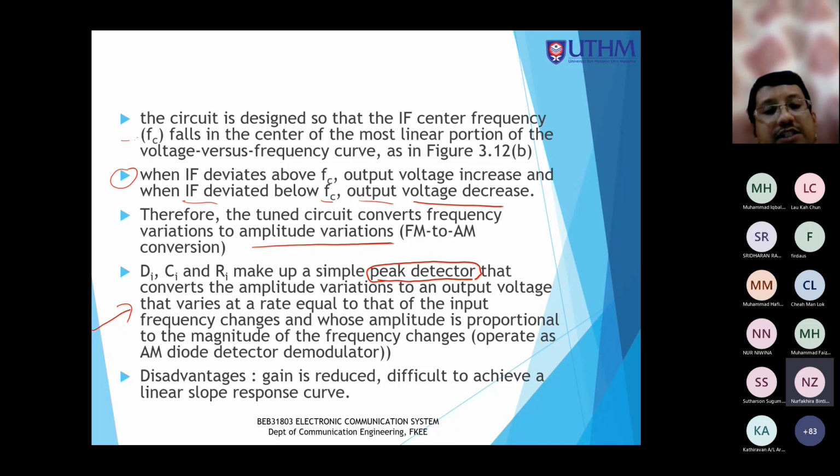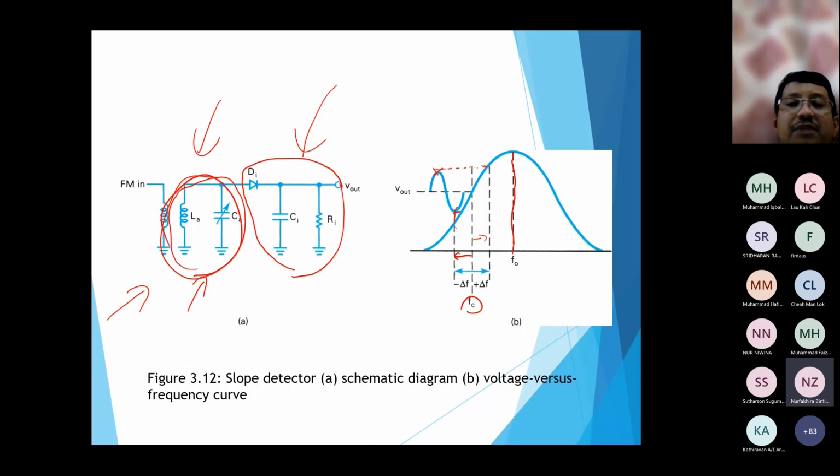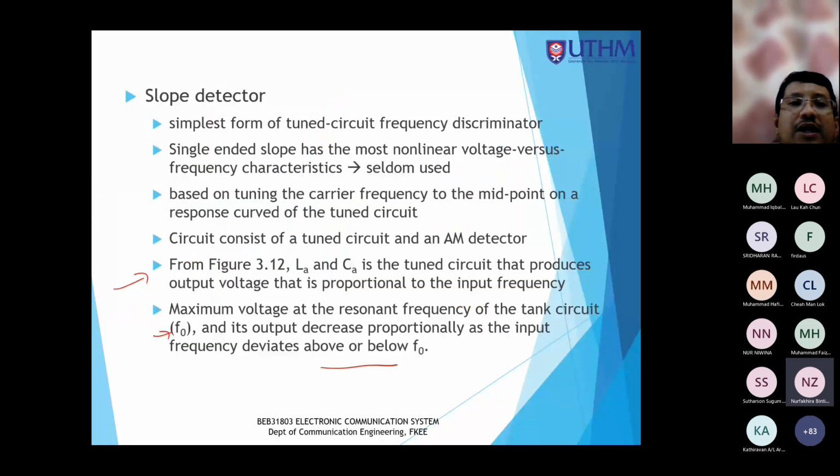So this has disadvantage. The gain is reduced, difficult to achieve a linear slope response. So in the final exam later, we're going to ask about this slope detector, where you need just to have a basic understanding about the slope detector. So this is important for your final exam.